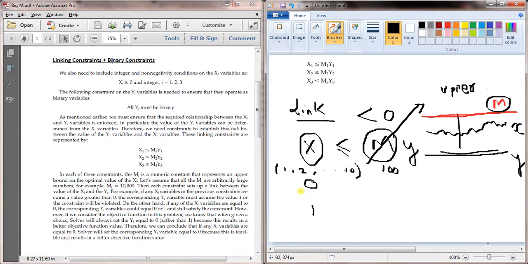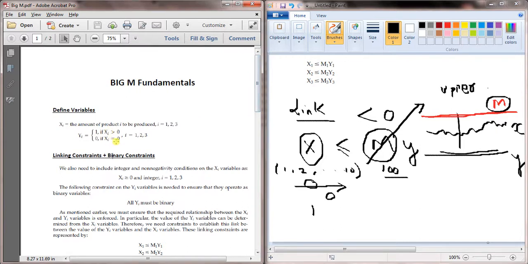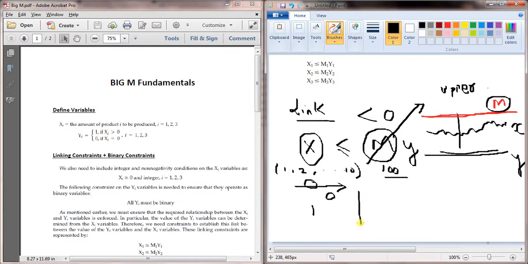Now say x is not produced. So the left hand side will be 0, and the right hand side will be 100 multiplied by y. If x is 0, then y is 0. So RHS is also 0.